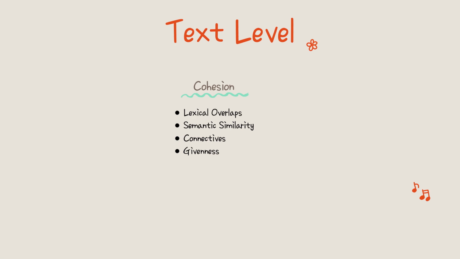Finally, let's talk about cohesion at the text level. It refers to how well your sentences are connected throughout the text. The tool called TAACO measures different features of cohesion, such as lexical overlap or repeated words between sentences, semantic similarity, which looks at how similar the meanings of neighboring sentences are, connectives like however, because, or in addition, and givenness, meaning how much of the previous sentences is referred to again.